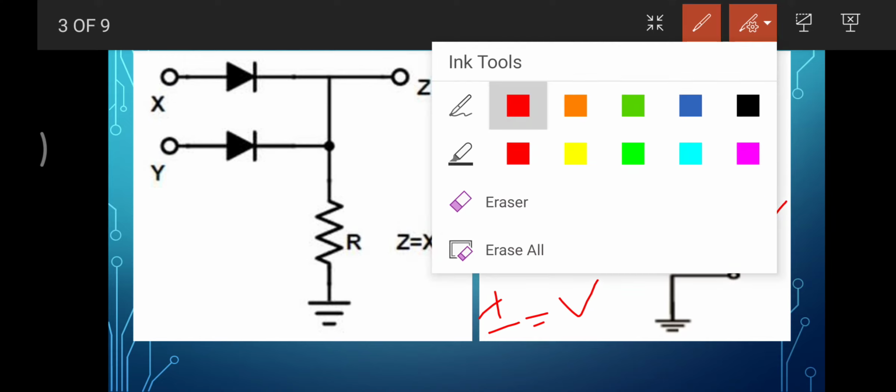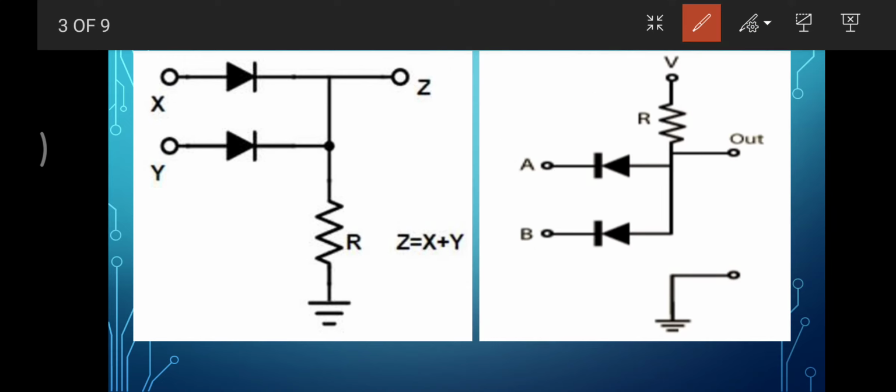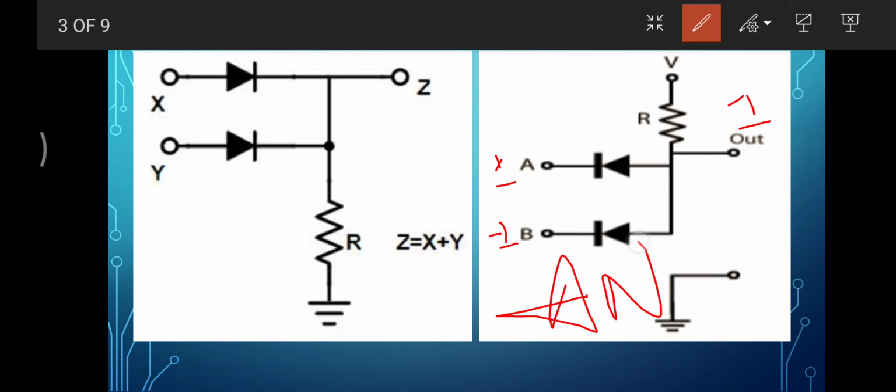So by this what we saw is that this circuit is giving you 1 only when both the inputs are 1. Hence this works as an AND gate.